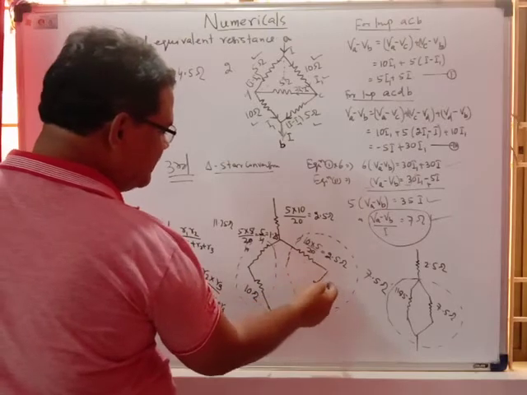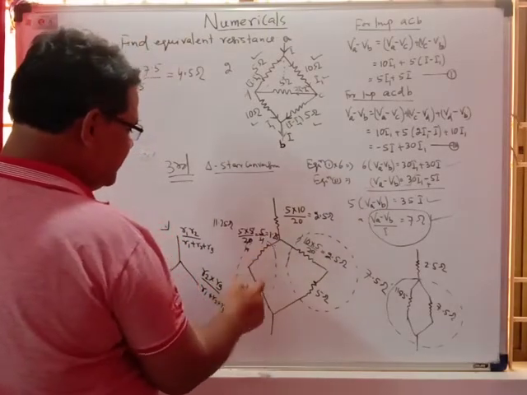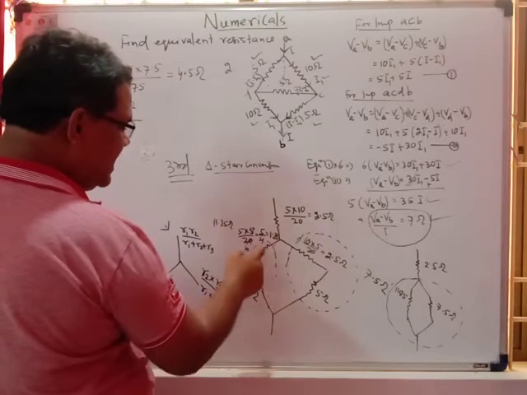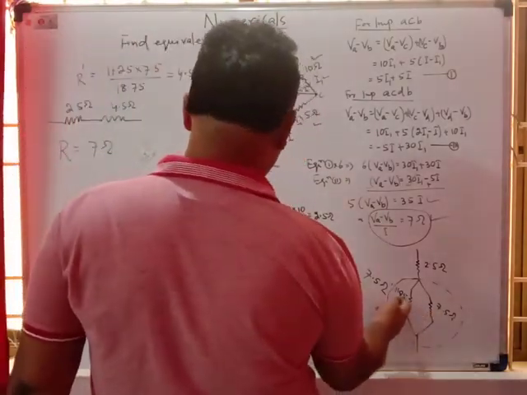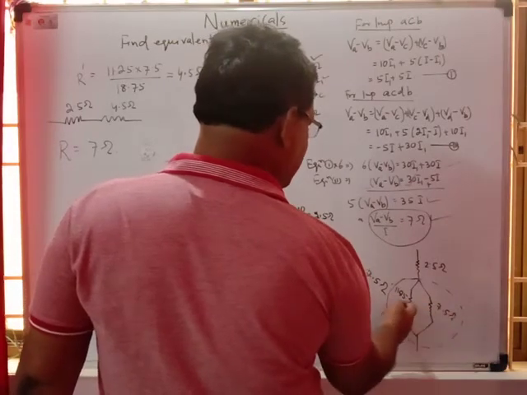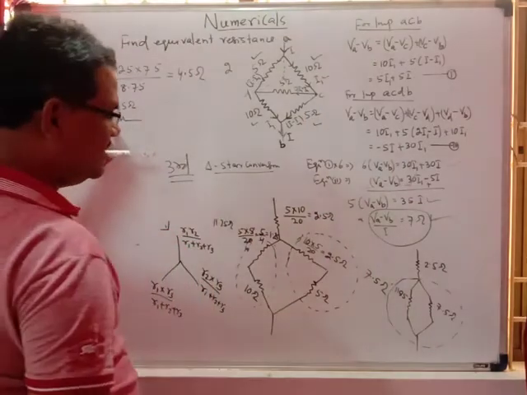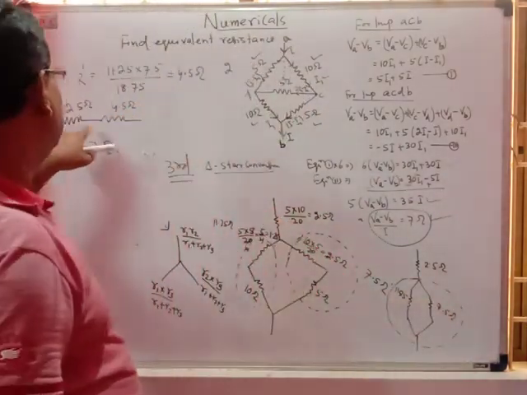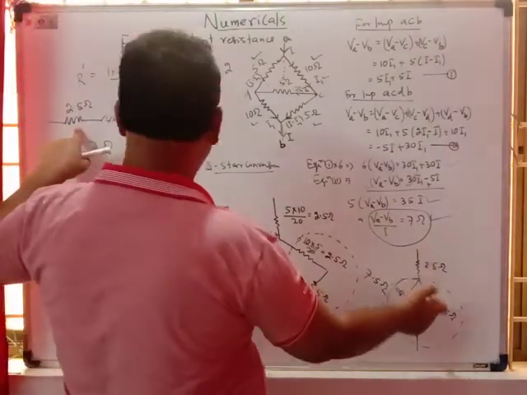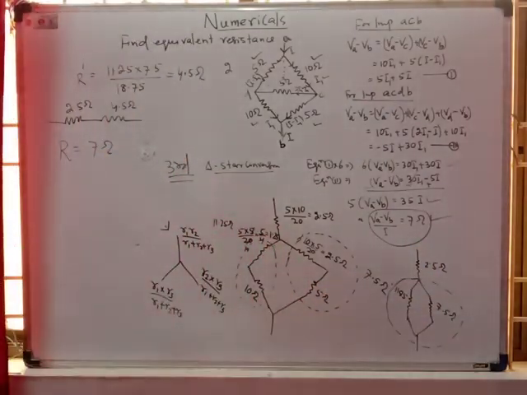This 2.5 and 5 ohm are in series, and this 11.25 and 10 ohm are in series, and we get 7.5 and 11.25. These are in parallel, and the equivalent of these two is 4.5. The 2.5 and 4.5 are in series, and we find the equivalent resistance is 7.5.